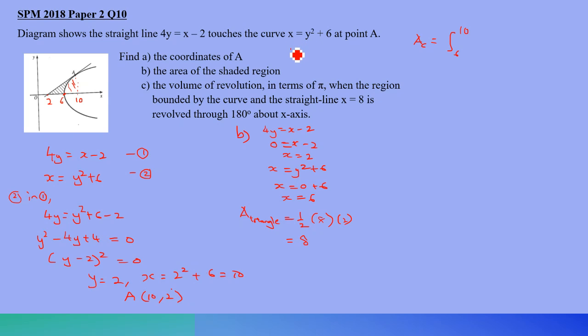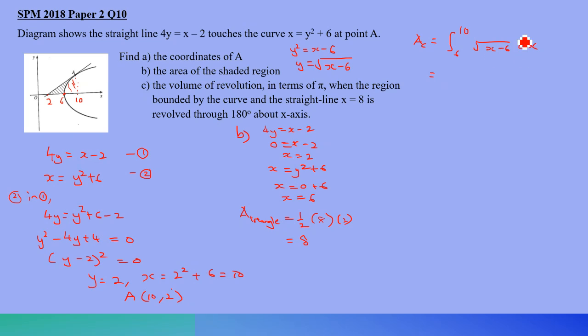So y squared will be x minus 6. So y will be square root of x minus 6. So your function will be square root of x minus 6. Then integrate with respect to x. So be careful when you do your function here, because against the x-axis, your y must be in terms of x. Okay, let's work out the integration.